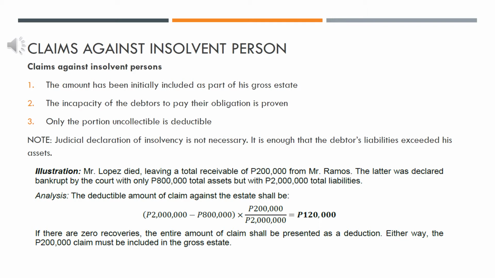So, therefore, sa total na 200,000 pesos na receivable, only 120,000 pesos is deductible. So if there are zero recoveries, the entire amount of the claim will be presented as deduction. Either way, the 200,000 claim must be included in the gross estate. So that's how you compute claims against insolvent person.